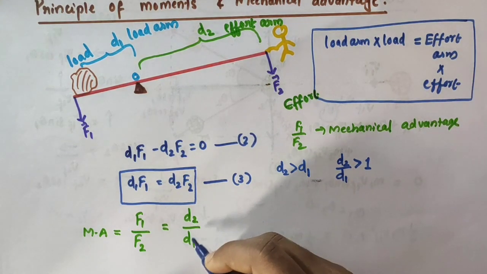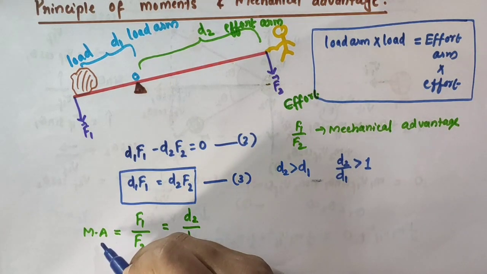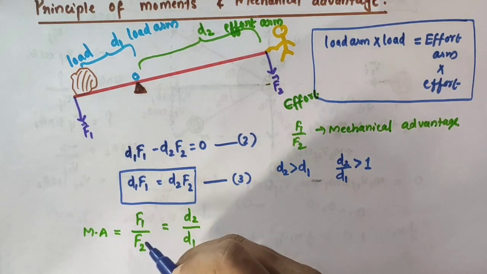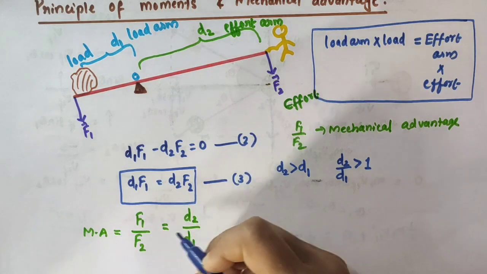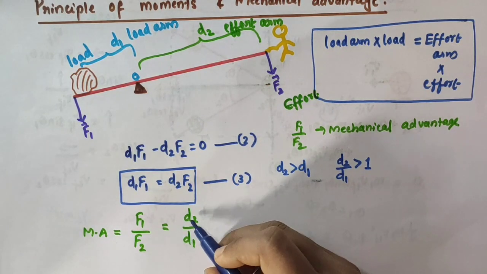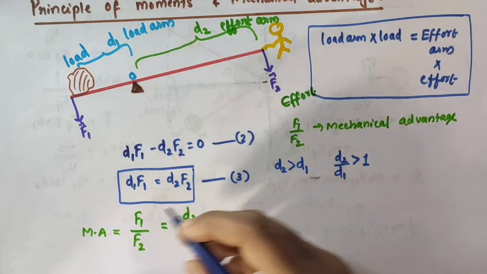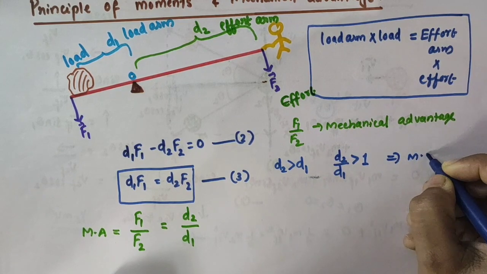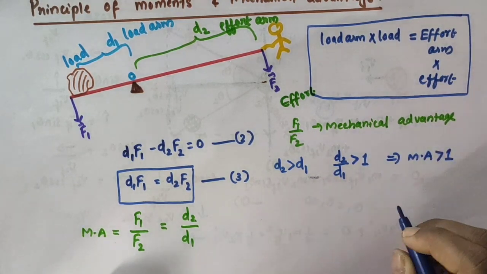If D2 by D1 is greater than 1, what about mechanical advantage? Mechanical advantage is equal to F1 by F2, which is also equal to D2 by D1. So if D2 by D1 is greater than 1, then mechanical advantage is also greater than 1.